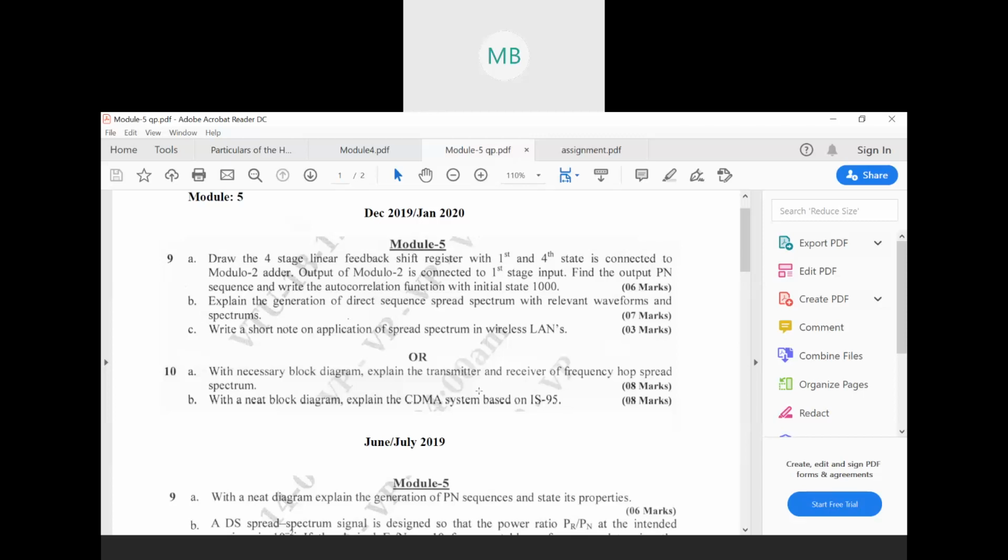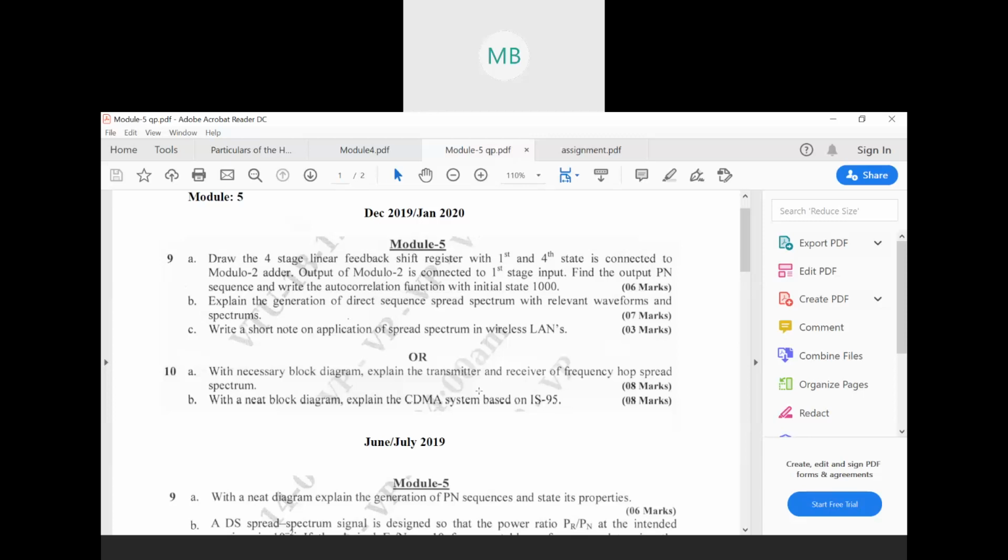In the transmitter section, you have information sequence applied to the encoder, second stage FSK modulator, mixer, then PN sequence generator and frequency synthesizer. And at the receiver section, you have mixer with input frequency synthesizer, PN sequence generator and channel input. Then second stage is FSK demodulator.